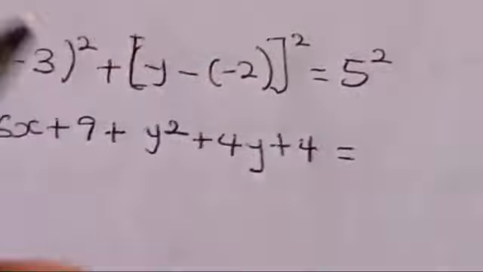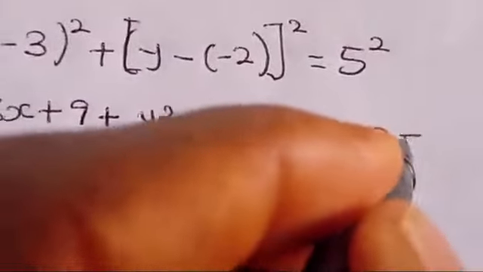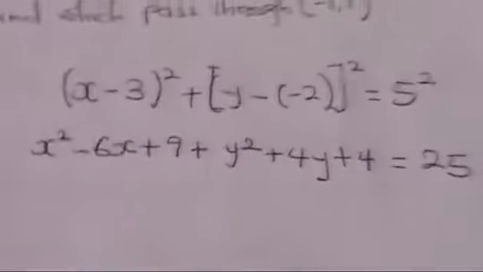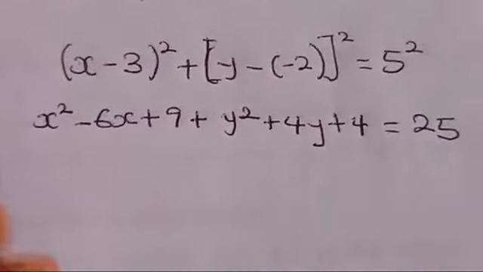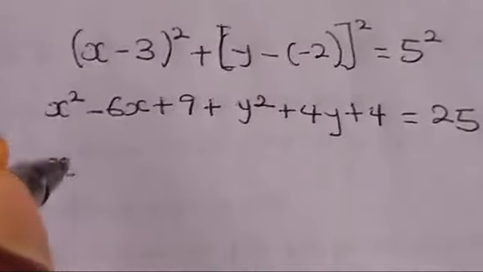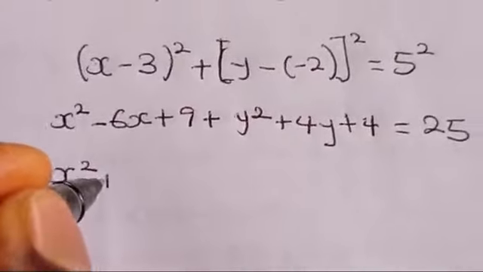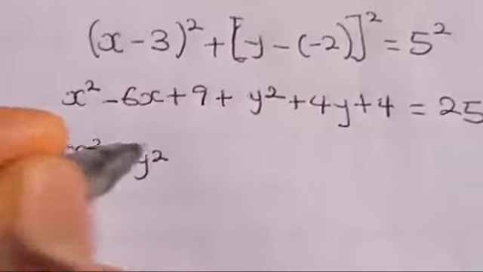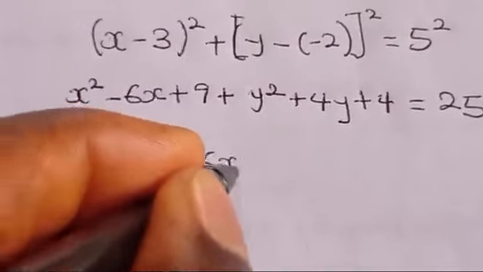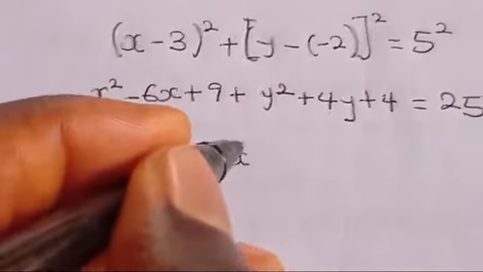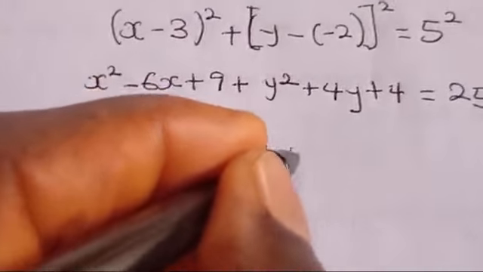And that's equal to 25. From here now we have x squared plus y squared minus 6x plus 4y.